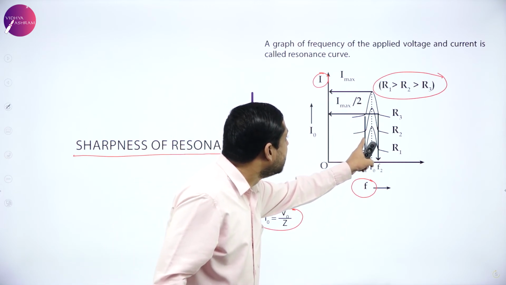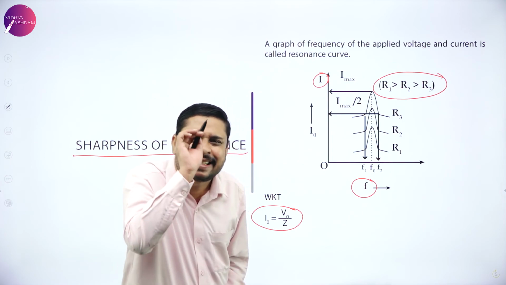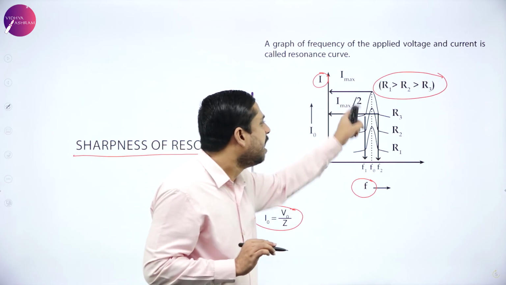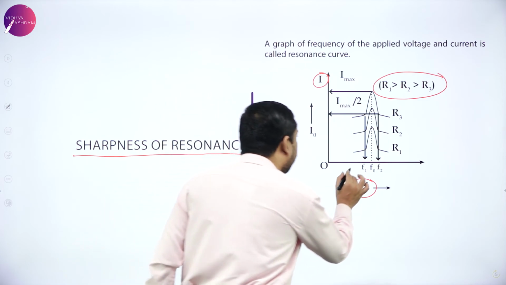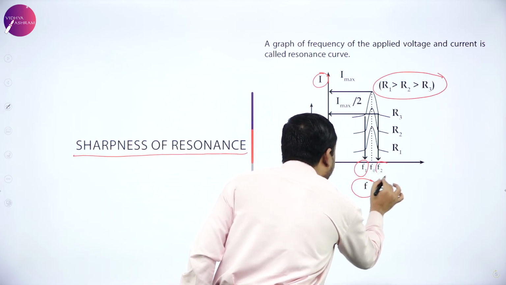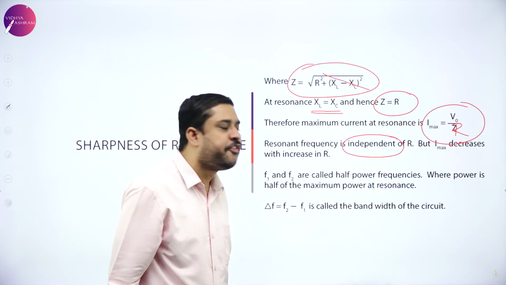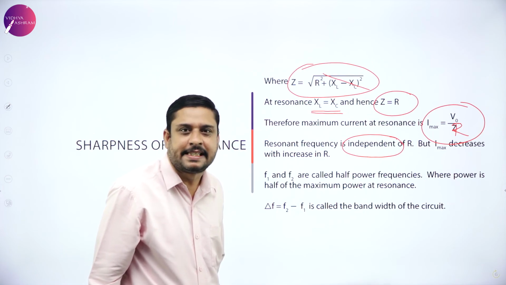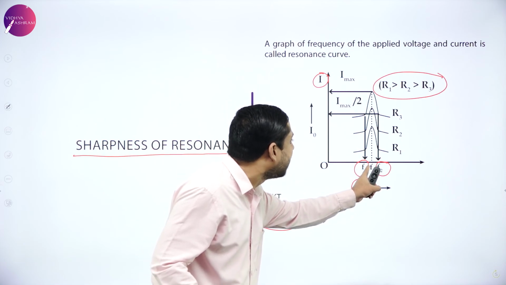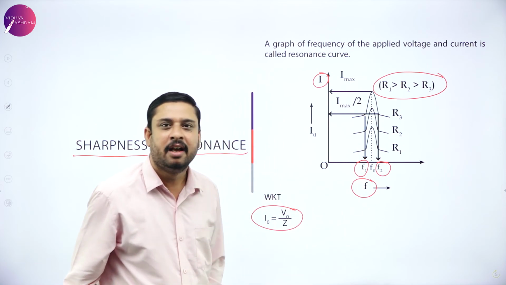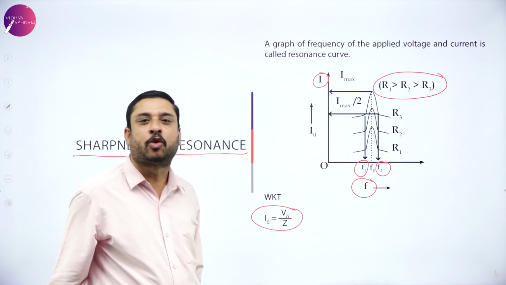So R1 is less sharp, R2 the sharpness slightly increases, R3 again increases. Here, F1 and F2 are called half power frequencies, the frequencies on both sides of the resonant frequency.